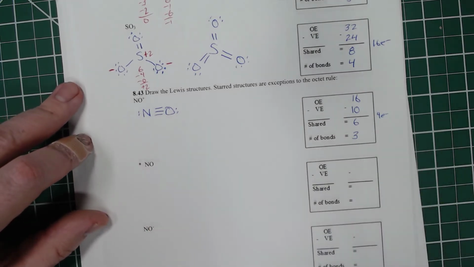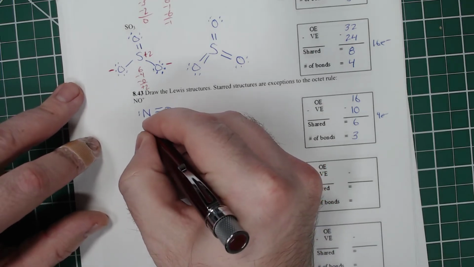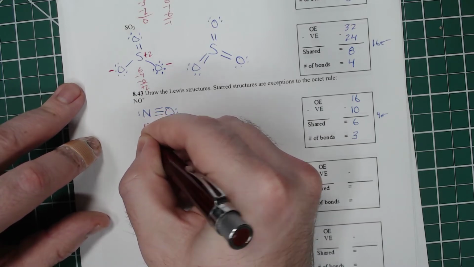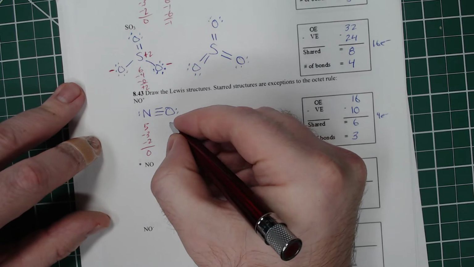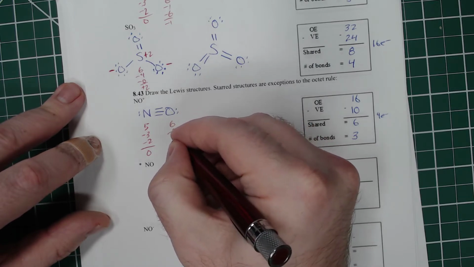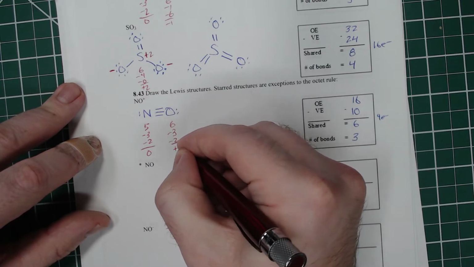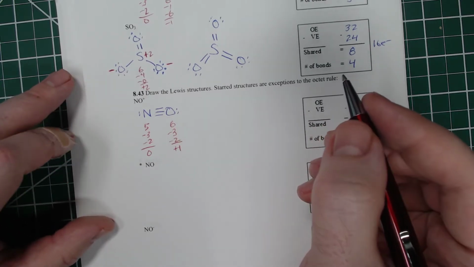Let's do one more thing, which is the formal charge. On the nitrogen, 5 minus 3 bonds minus 2 lone pair electrons gives us 0. And on the oxygen, 6 minus 3 minus 2 gives us a positive 1. So we'll get a positive 1 charge on the oxygen.